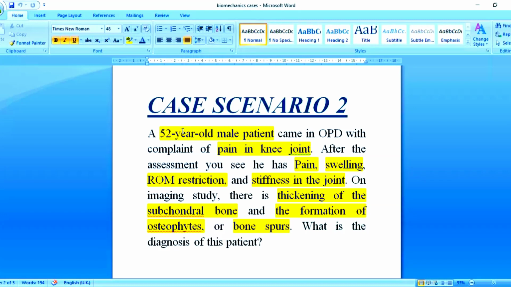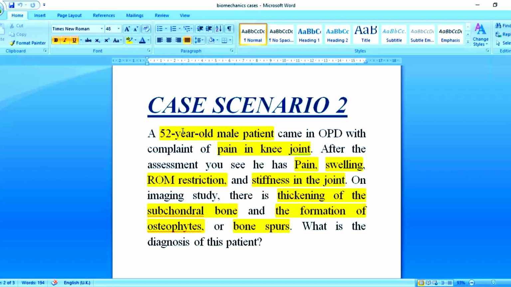Stiffness doesn't mean that the joint is stiff. Stiffness basically means that the patient has muscular stiffness itself. Sometimes the patient does not have pain specifically in the knee joint.